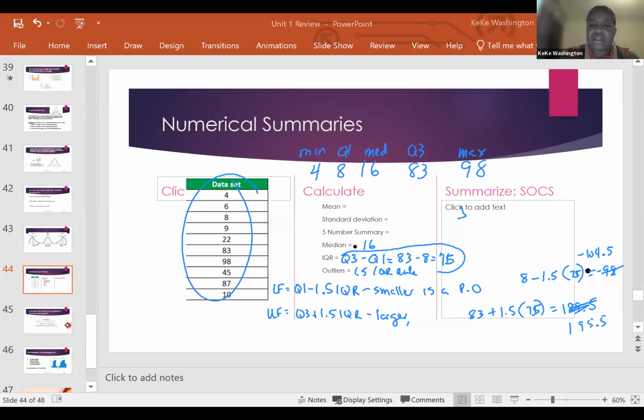Okay, let's take a look at, oh, I don't think we finished. All right, let's summarize this distribution. We looked at the shape earlier. We saw that the shape was right skewed, and I believe it was bimodal.